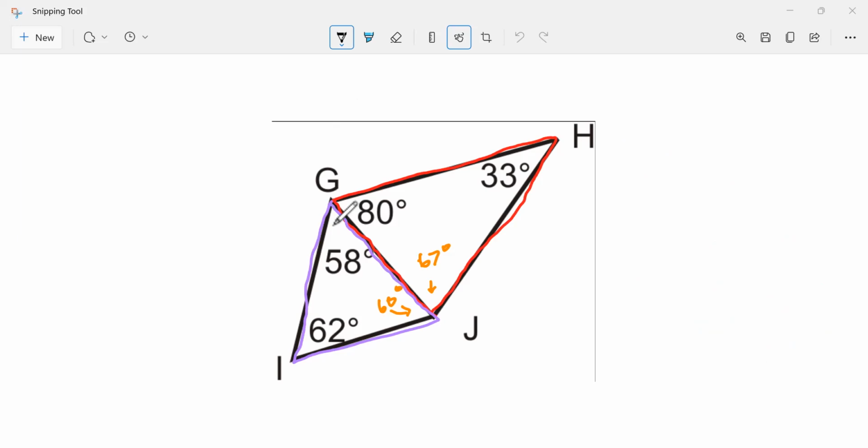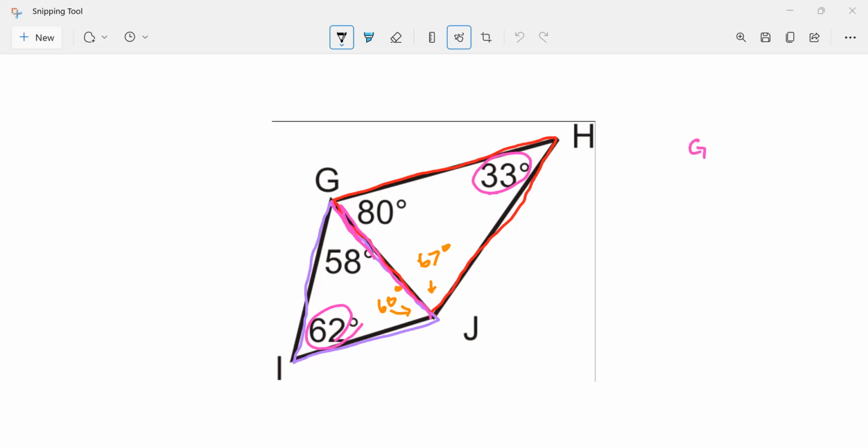And the most important line that we're going to start with is this line right here in the middle. The reason for that is because it connects the two triangles. So it has a degree on this side and on this side. So whenever we're writing from the least to greatest, we're going to start with that line.